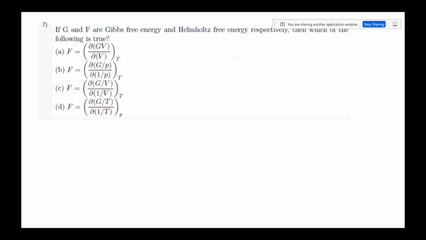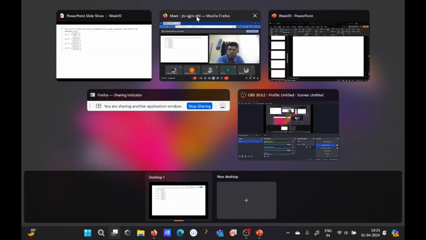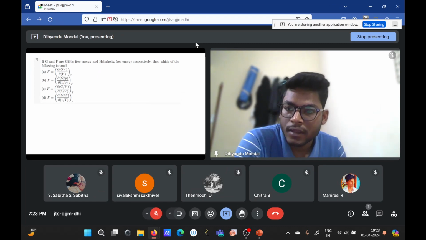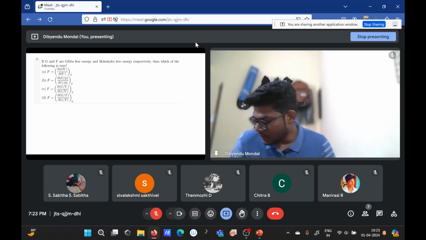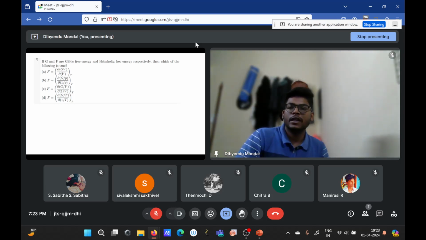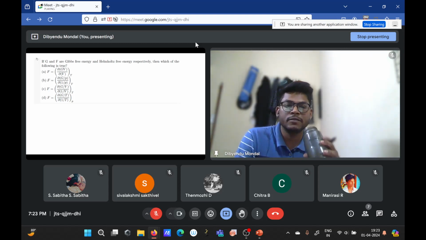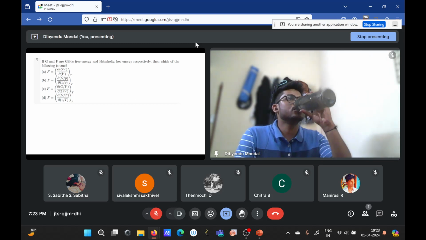Now here the question says, if G and F are Gibbs free energy and Helmholtz free energy respectively, then which of the following is true? F is equal to del G del V at constant T, and there are multiple options. Let's just first find out how to find it.